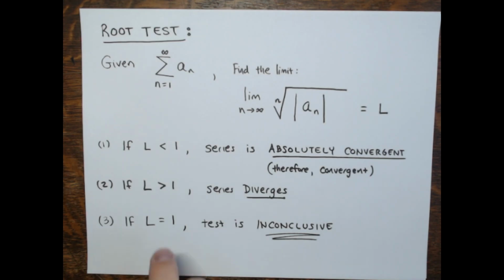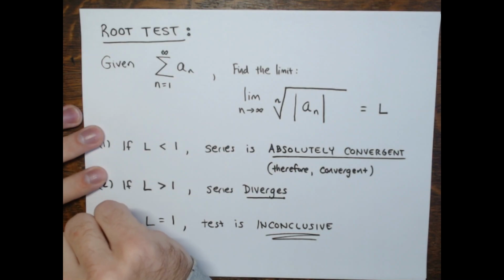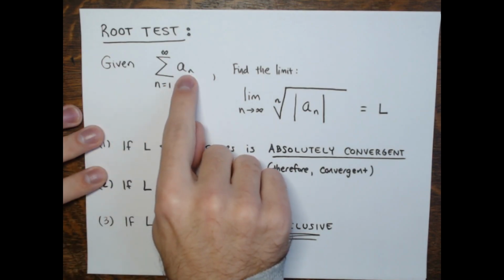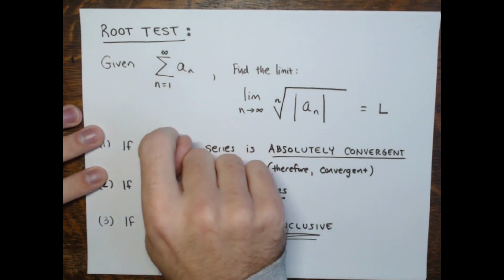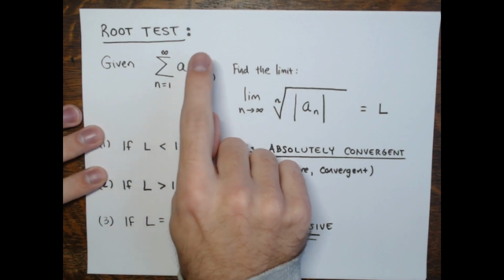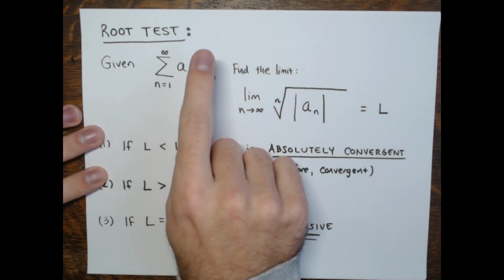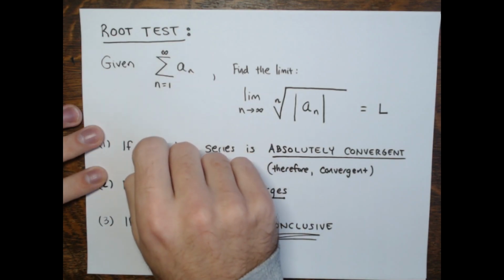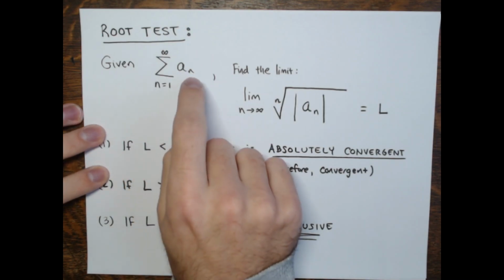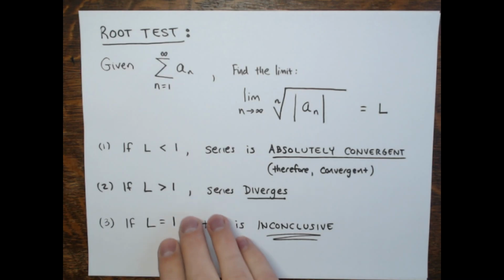Now, I would recommend the root test when our terms involve exponentials, involve things to the nth power or some multiple of n power, like the series given. I'm going to write this series that was in that problem.